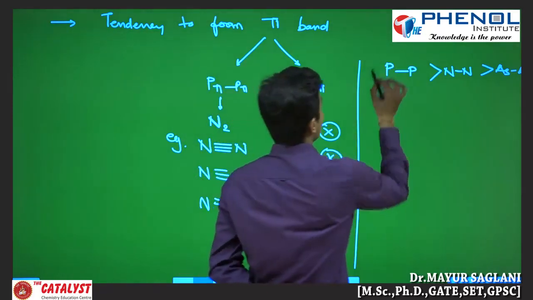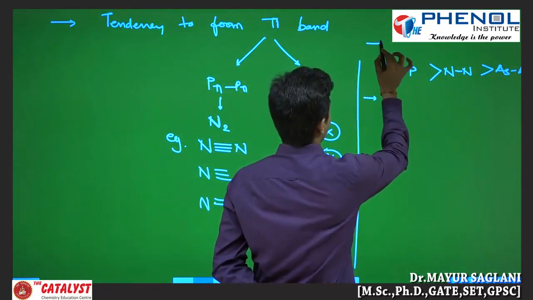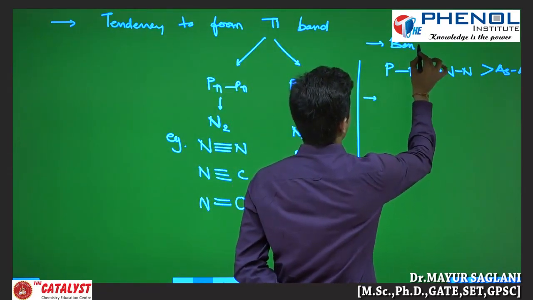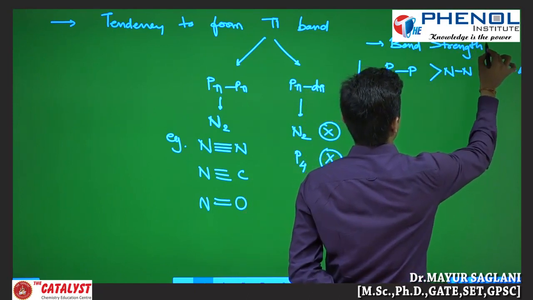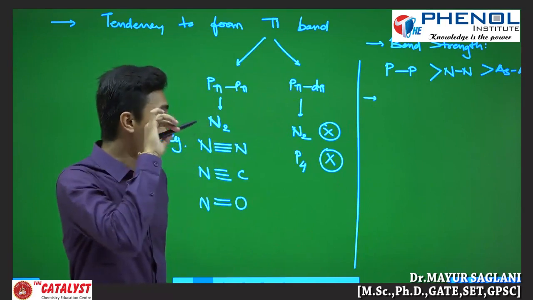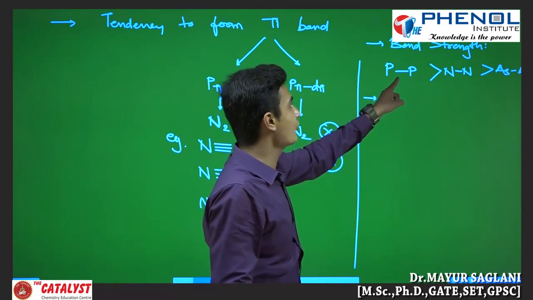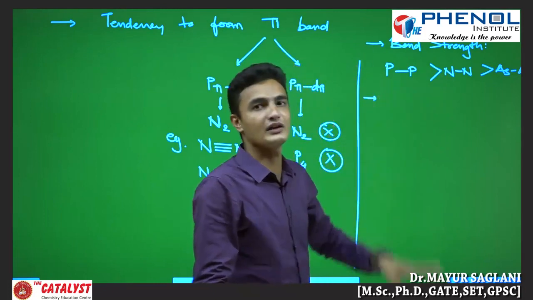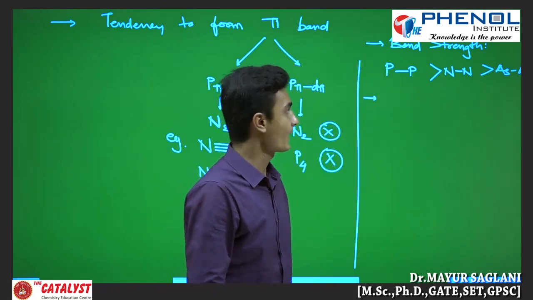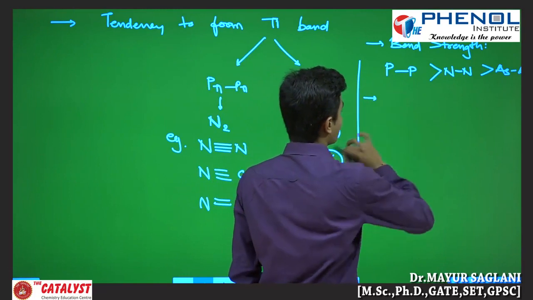Okay, if you see the catenation property, here I can write bond strength. If we can see here, it is bond strength. Fine. So the phosphorus single bond has more strength than that of the nitrogen bond. Okay, fine. So this one is the bond strength.